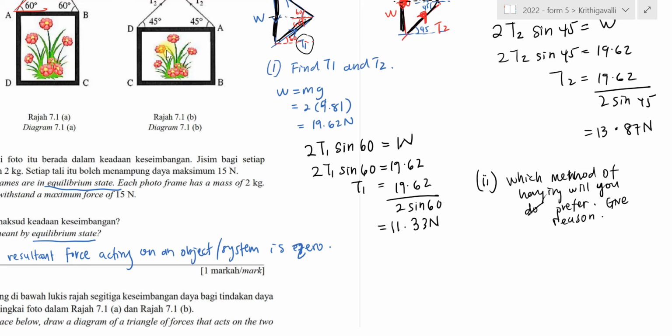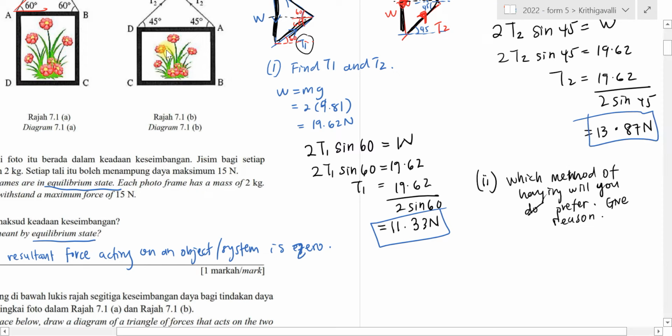Okay, so we are going to make the choice based on the T1 and T2 values that we found just now. So you want to hang something, so you must make sure the tension is okay. Our concern is we don't want the string to break off or snap off and then the frame falls down.